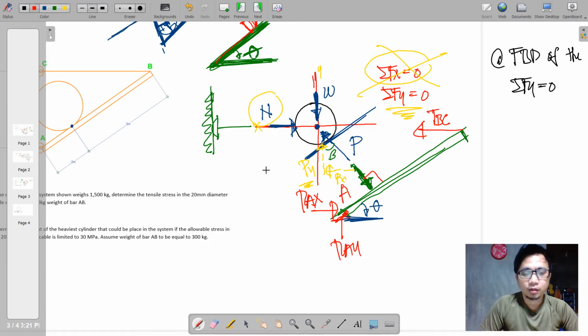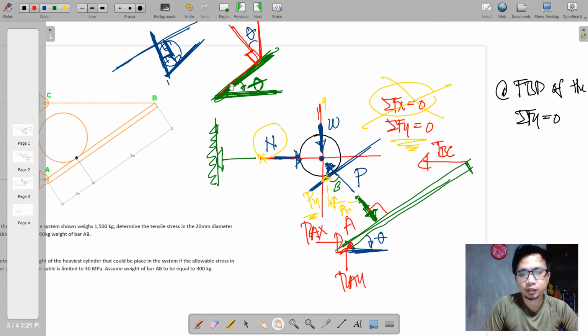So again we go back to the inclined member, horizontal, theta, perpendicular and a vertical. This is also theta actually, or we can replace it by this angle beta. That is the application of this.